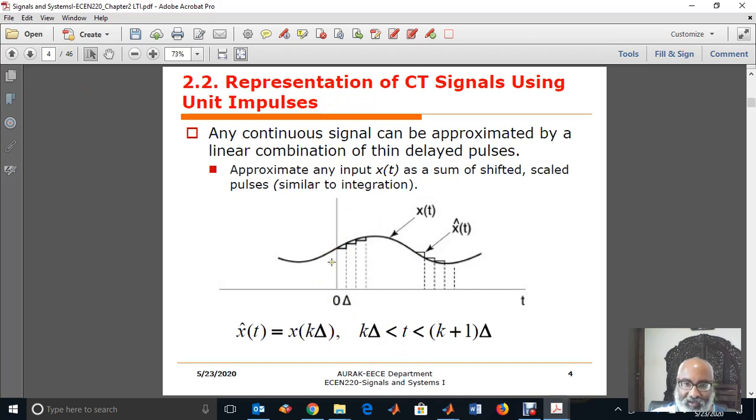If you do this, you will have a staircase approximation, like the one used in the concept of integration in calculus. So you approximate the continuous time signal by the sum of delayed pulses.